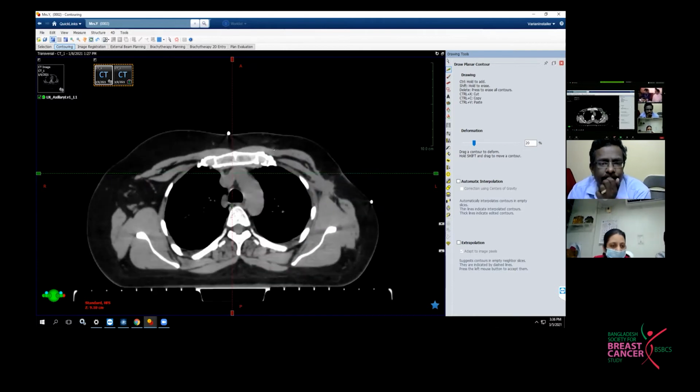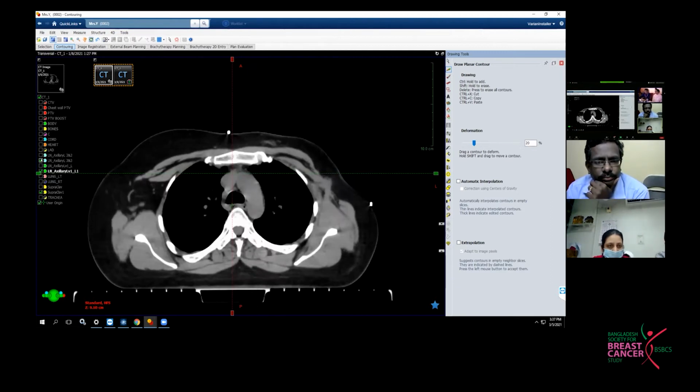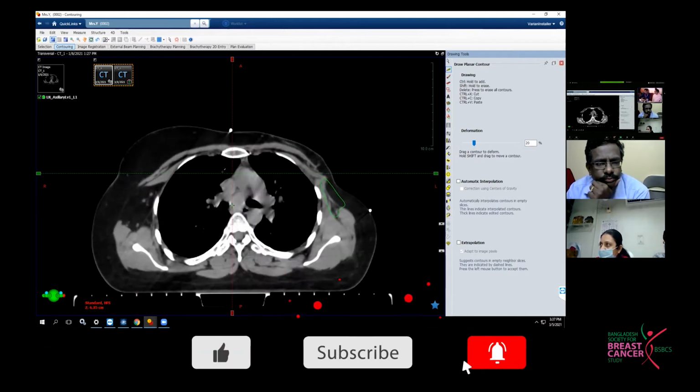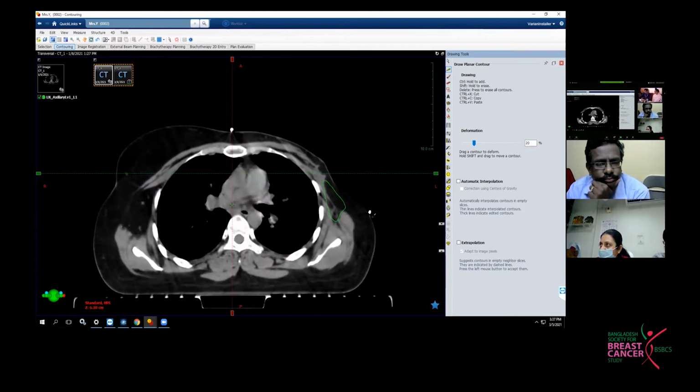So you can remove the overlap of level 1 and 2. So this is the most inferior border of level 1, where the pectoralis major muscle inserts on the ribs.